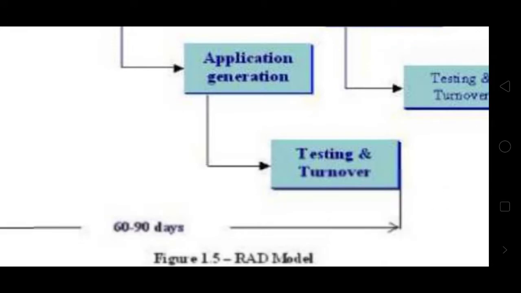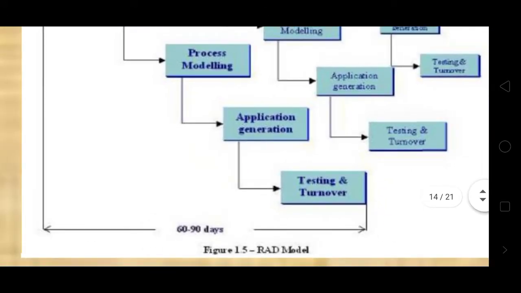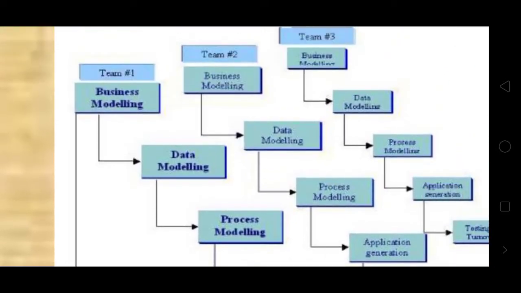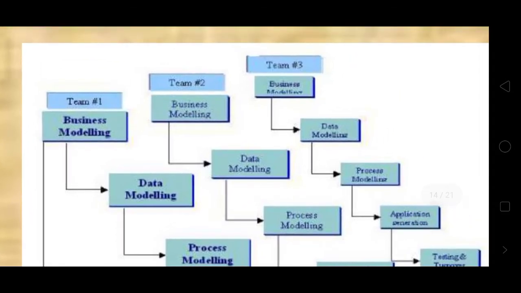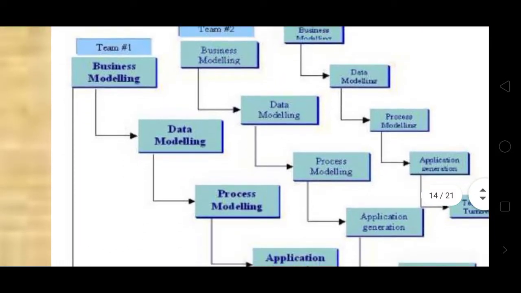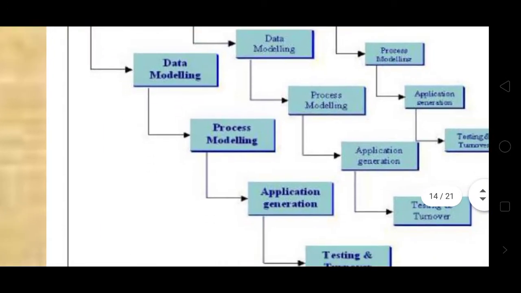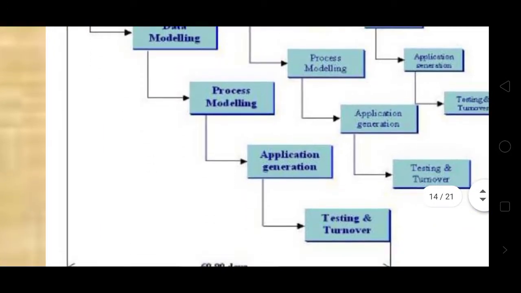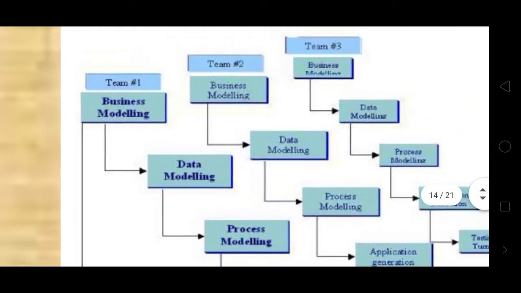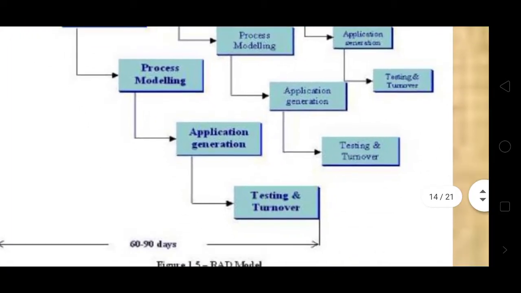This takes up to 60 to 90 days. In the same way, team 2 and team 3 also go through business modeling, data modeling, process modeling, application generation, and testing and turnover. This is the image for the RAD model.